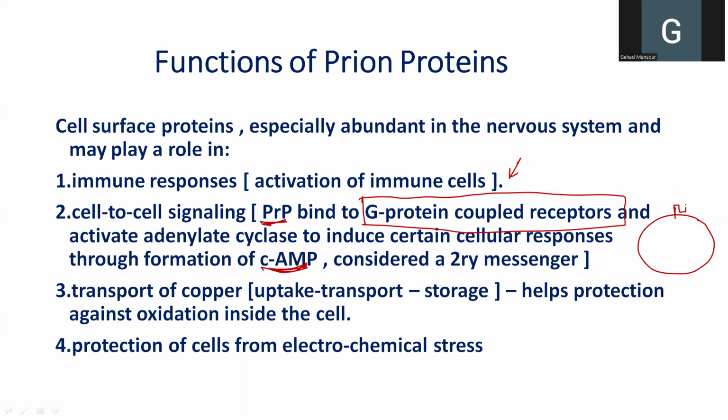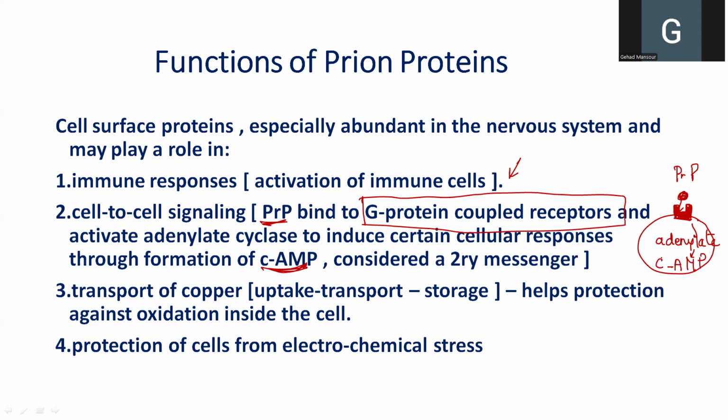So this is, for example, the receptor that is called a G protein coupled receptor, and we will know why it is called like this in the second unit. The prion protein will come and bind with this receptor, and this will result in activation of a certain enzyme called adenylate cyclase, resulting in the formation of cyclic AMP.